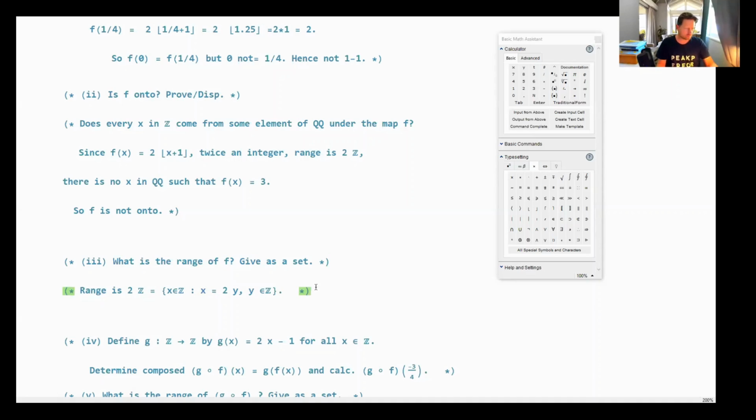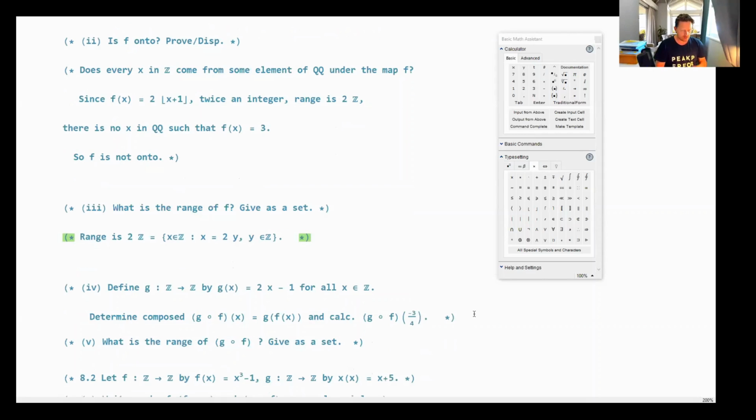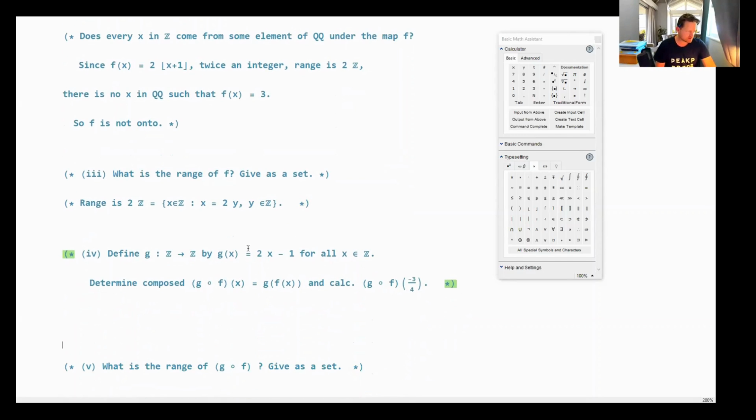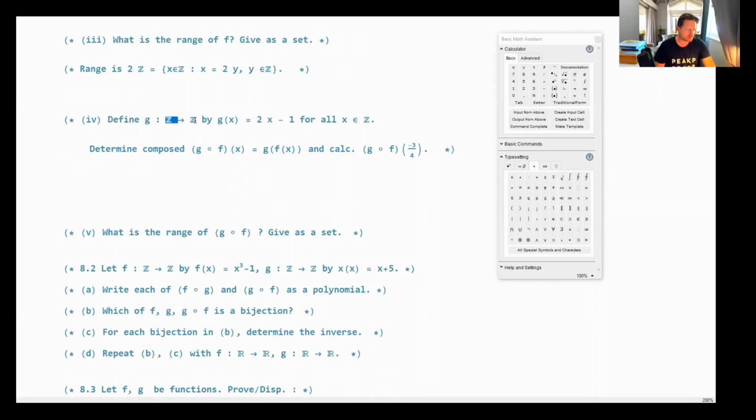All right, so let's have a look at the fourth one in this question 8.1, which says define g mapping integers to integers by g of x is 2x minus 1. So what comes out of this is the set of odd numbers, right?